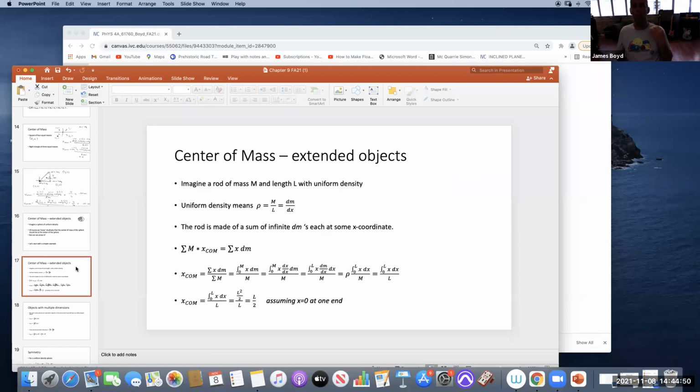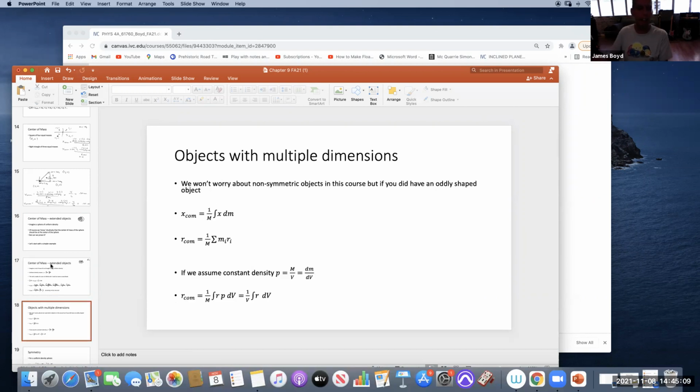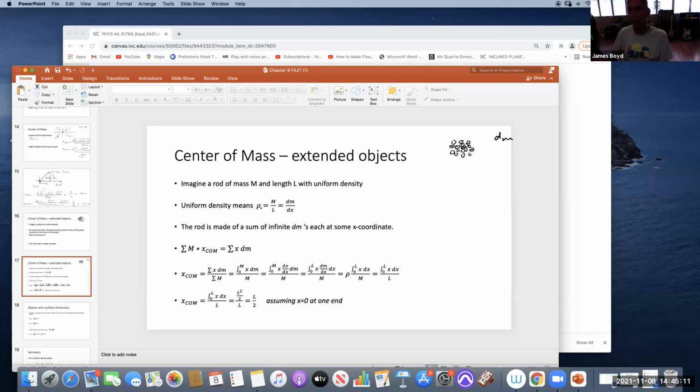So instead of having multiple objects, now we have one big extended object. And we can think of any extended object, for instance a sphere, as being made up of a bunch of little dm's, infinitesimal pieces of mass. If it's uniform, that means rho is constant, where rho is the density, mass over volume.